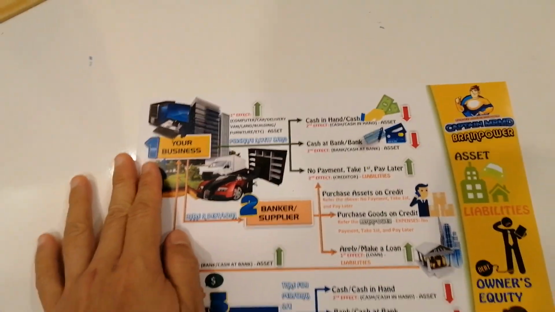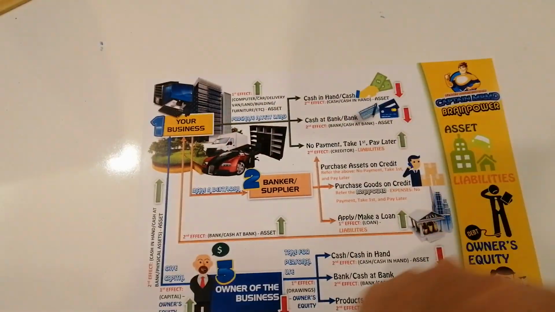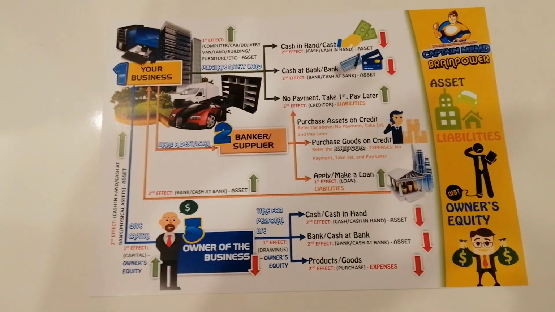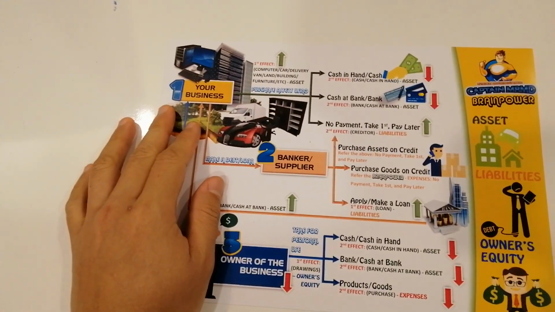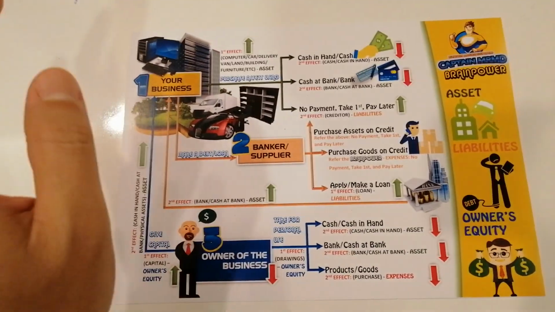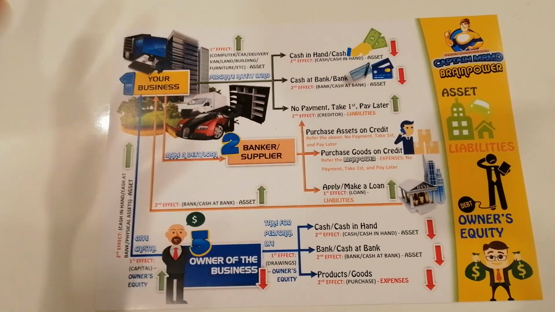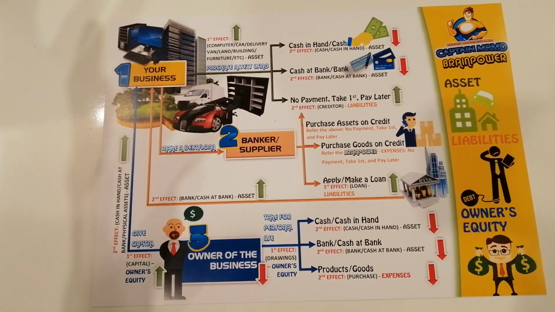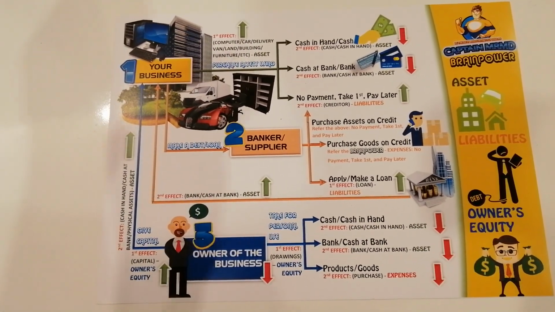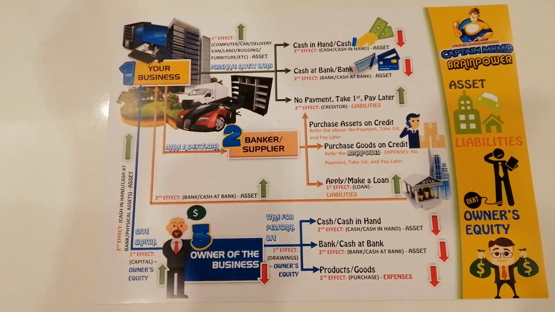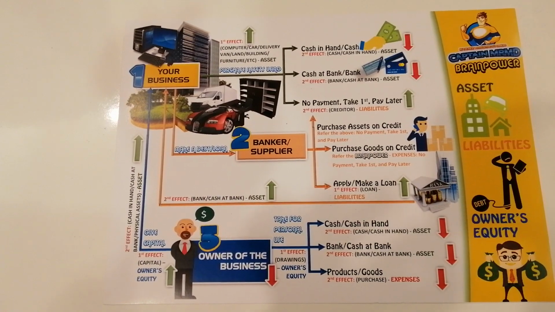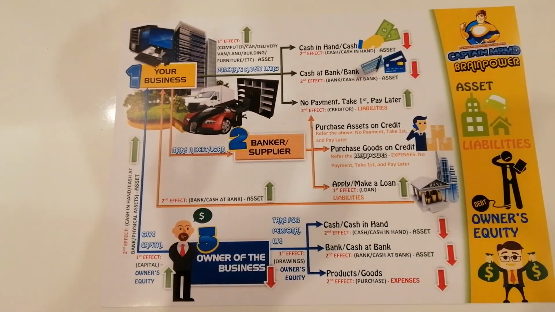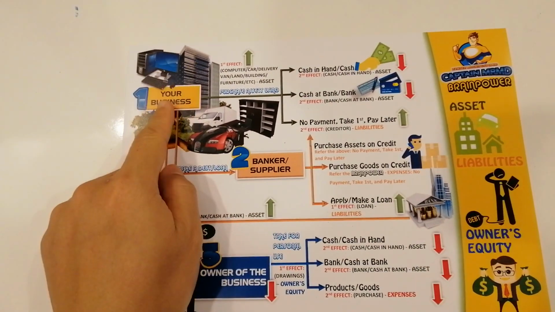So, if you look at this brain power, why do we call it brain power? Because brain power will make your brain become powerful. Okay, students normally have a problem to illustrate because you students don't know how the business operates. Okay, so how the business operates is like this. Your business.